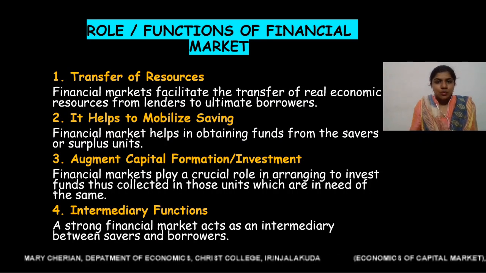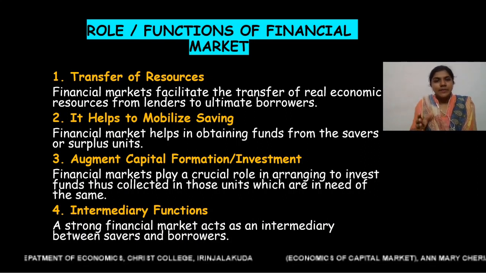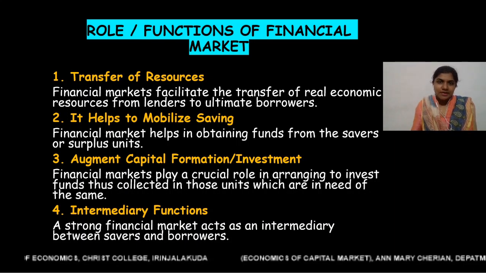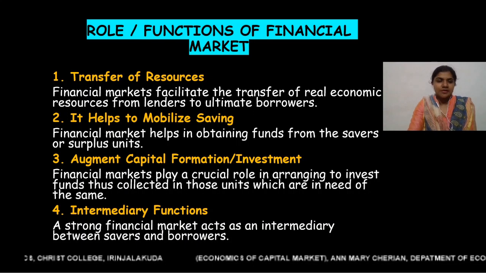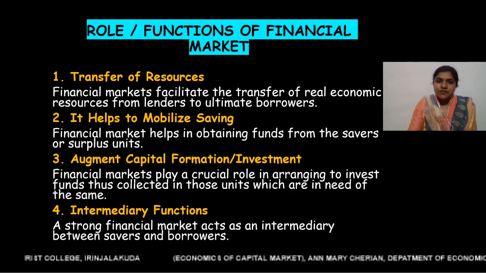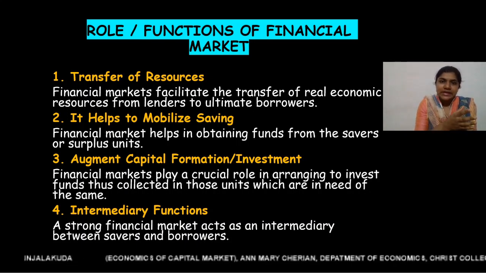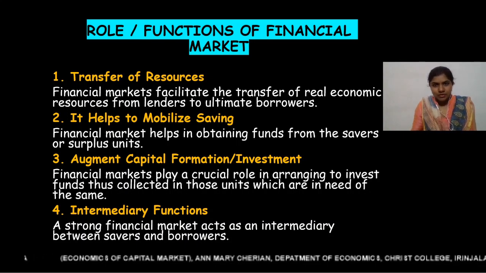Now, let us move on to the roles and functions of financial market. Here, we will be discussing 10 important roles of financial market. First role or first function, transfer of resources. Financial market facilitates the transfer of real economic resources from lender to ultimate borrower.